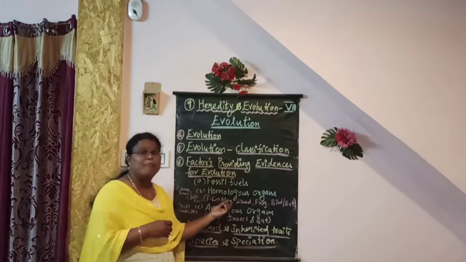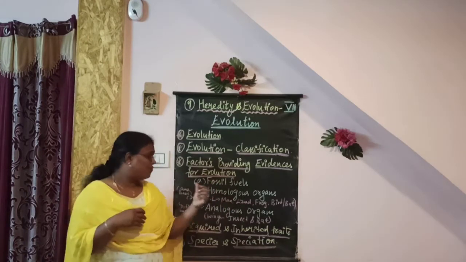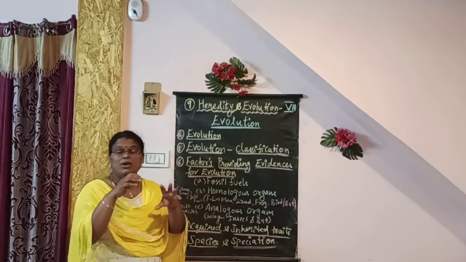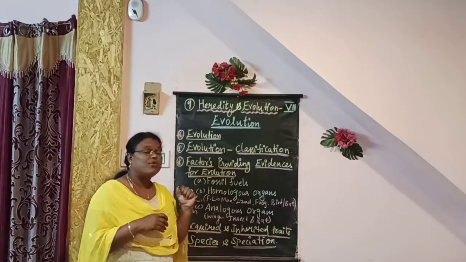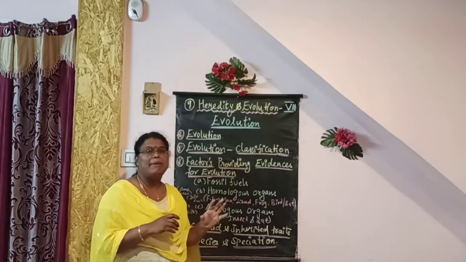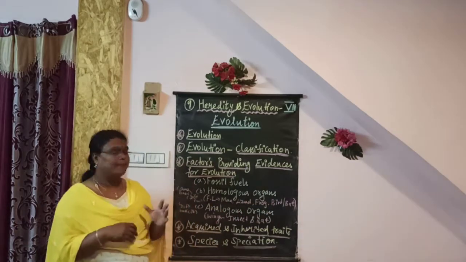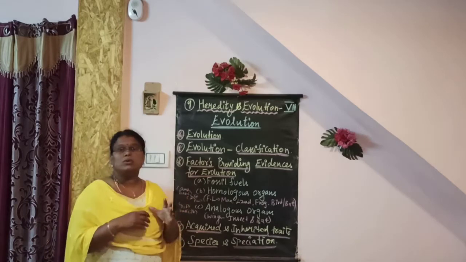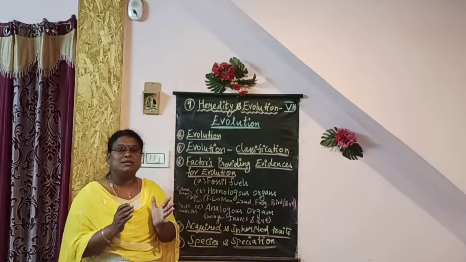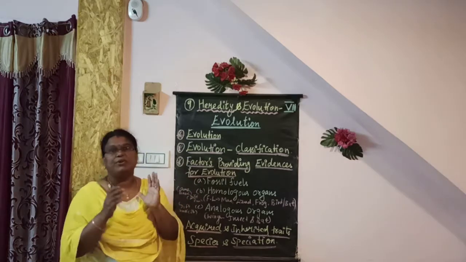Example, forelimbs of man: we use our forelimbs for grasping things, in lizard it is used for running or crawling, in frog it is used for jumping, for propping up, and birds and bat use them for flying. So homologous organs, homo means same, are the organs which have the same basic structure but perform different functions.